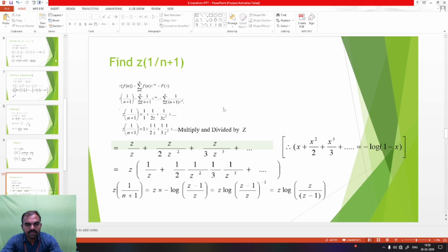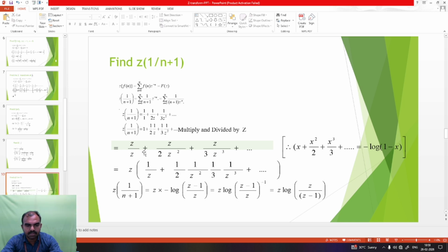Next, we have to use this formula in here. Which formula? x plus x square by 2 plus x cube by 3. So if we want to use that formula, we want the z value in here. So multiply and divide by z, both in the numerator and denominator.